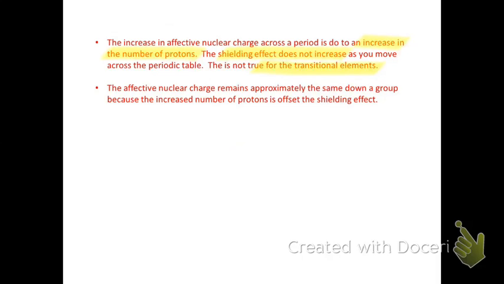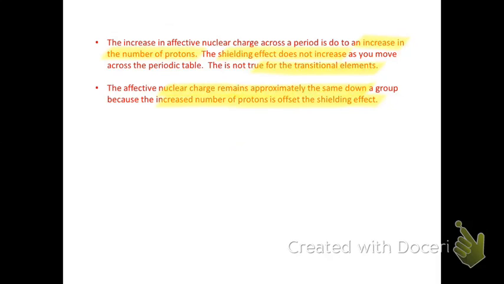Now what about going down? Again, when you go down a group, the nuclear charge remains approximately the same. Why is this? Because the increased number of protons is offset by the shielding effect. The shielding effect increases as you go down the periodic table because you're adding more inner electrons, and as you add more inner electrons, the shielding effect increases.